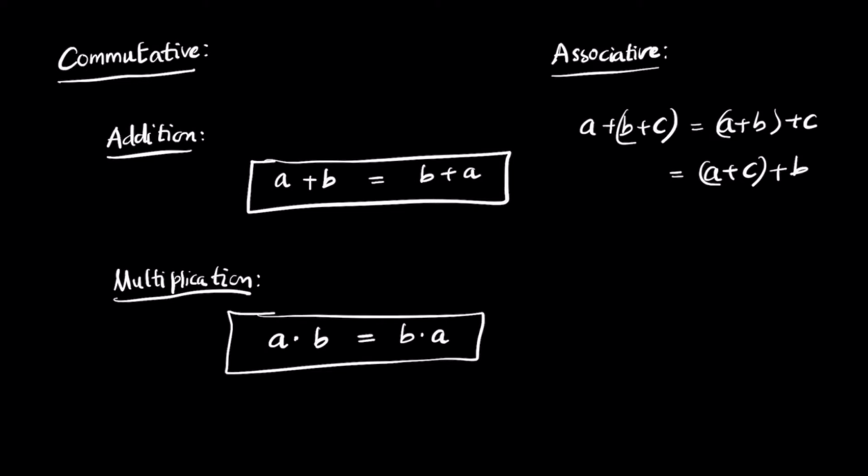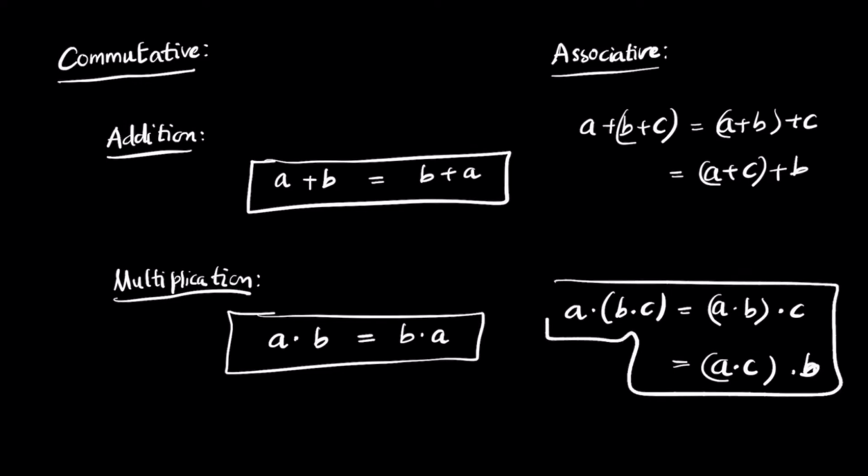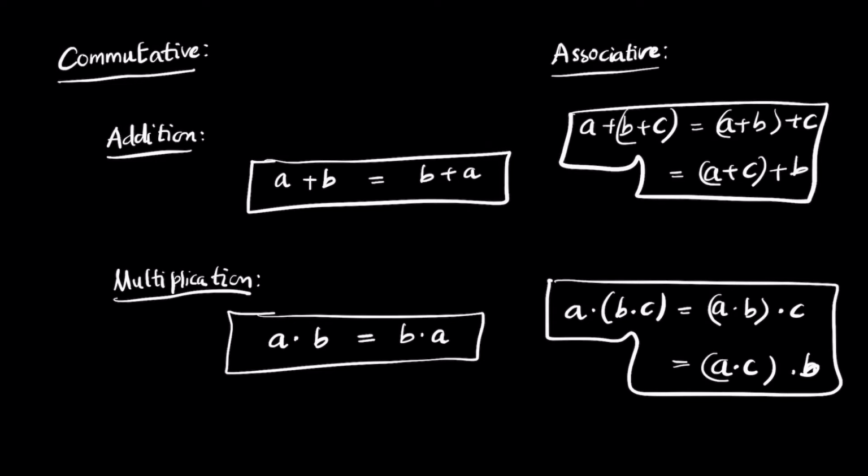So however you group the numbers does not matter, the sum is the same. The same thing for multiplication: a times b times c is equal to a times c times b. So this is the associative property of addition and multiplication.